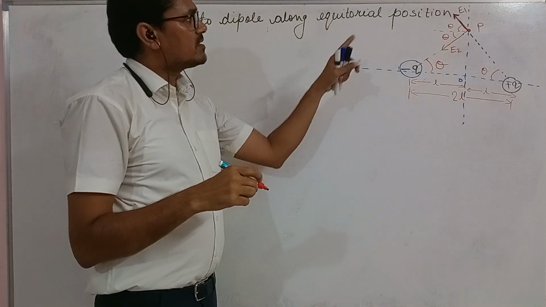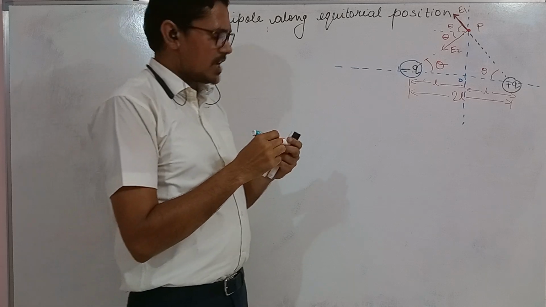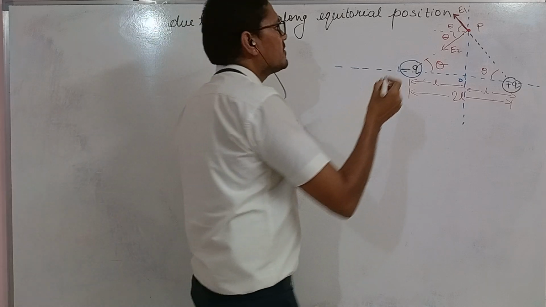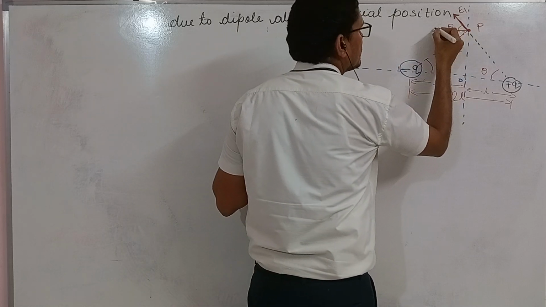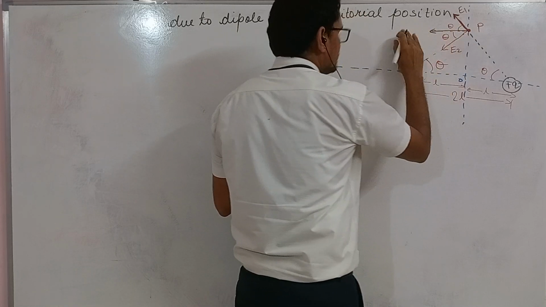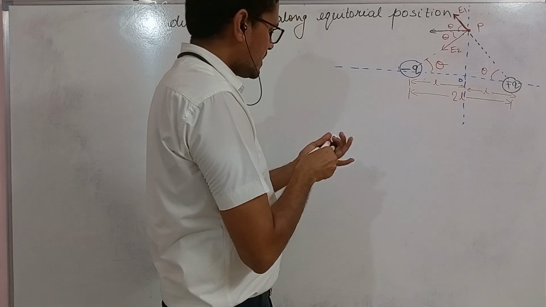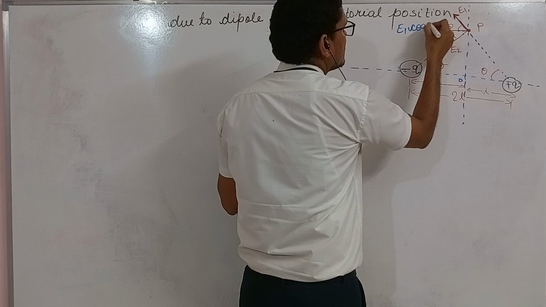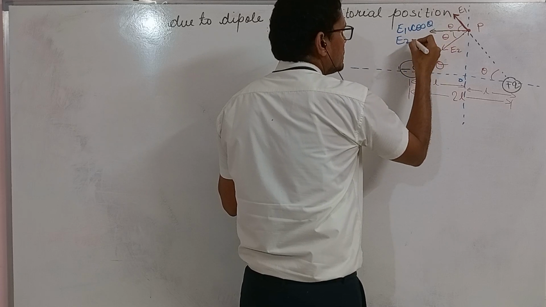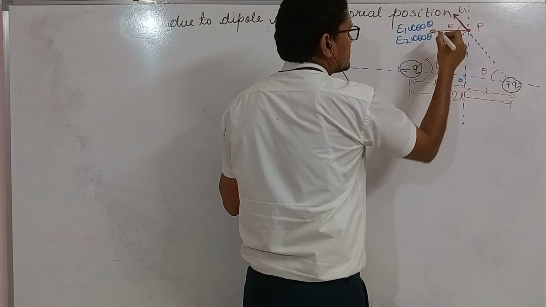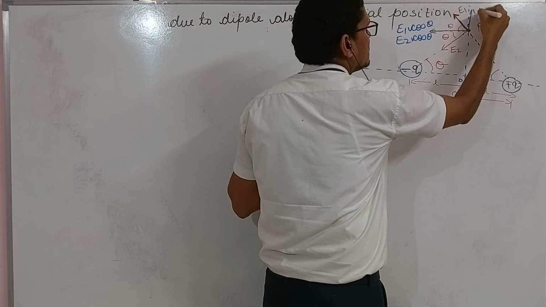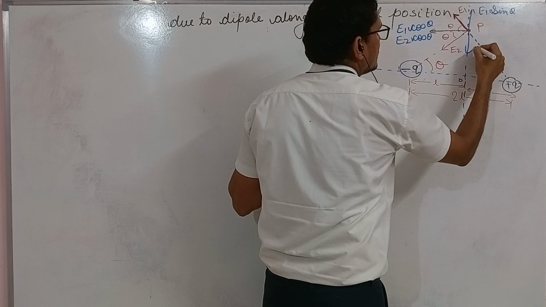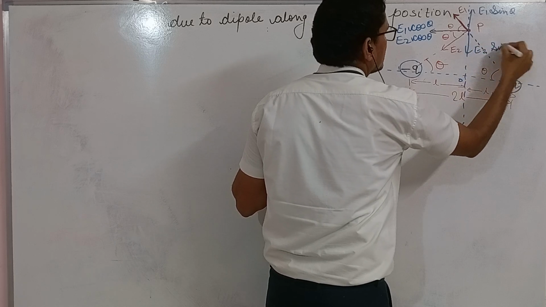Fine. Let's break this electric field into components. It can be broken down into horizontal and vertical components. Here E1 is having component E1 cos theta, and E2 cos theta would also be directed in the same direction. Now in the vertical plane, here we have E1 sin theta, and here we have E2 sin theta.